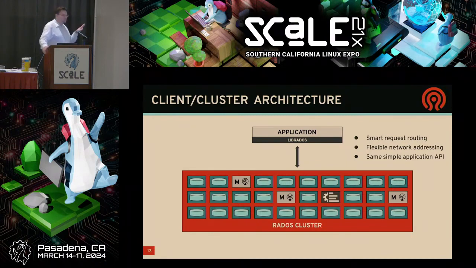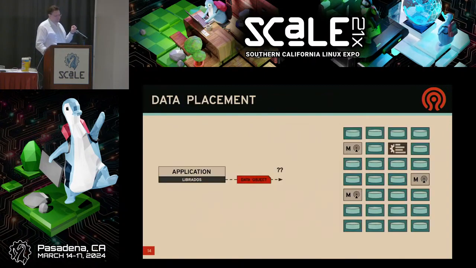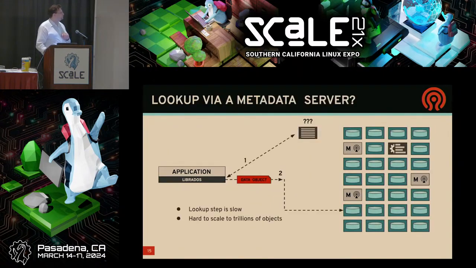The application goes to the entire cluster everywhere all at once. And the magic of this is that it does so without a gateway. So the client knows where the data is in the cluster by using the map.